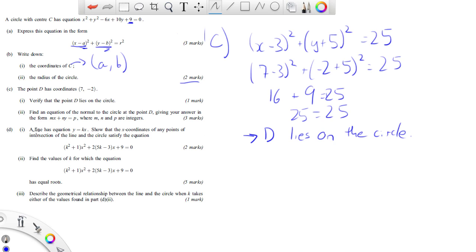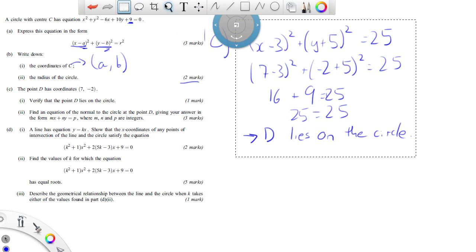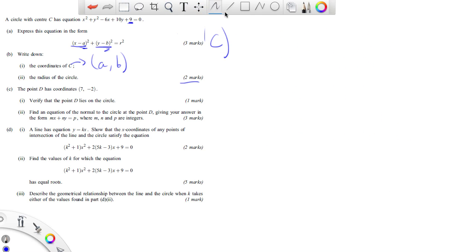All right, so for the next part, find the equation of the normal to the circle at point D, giving your answer in the form here. So normal to the circle. If you think about what a normal is, it's just a perpendicular line. With a circle, and we have some sort of a tangent there.